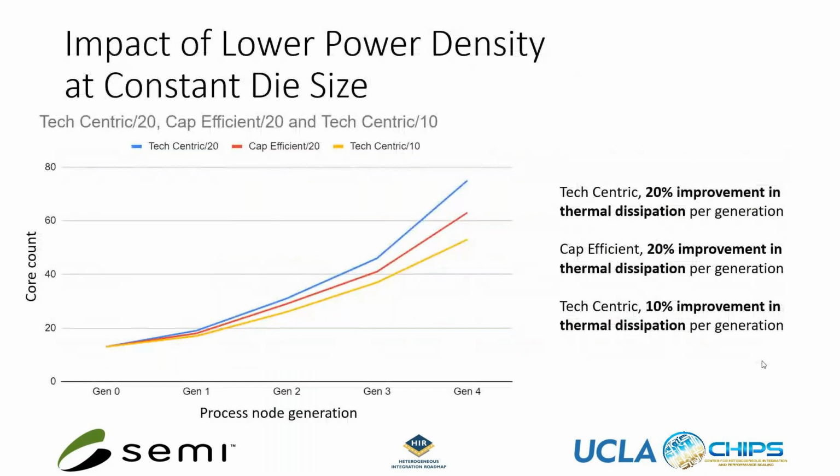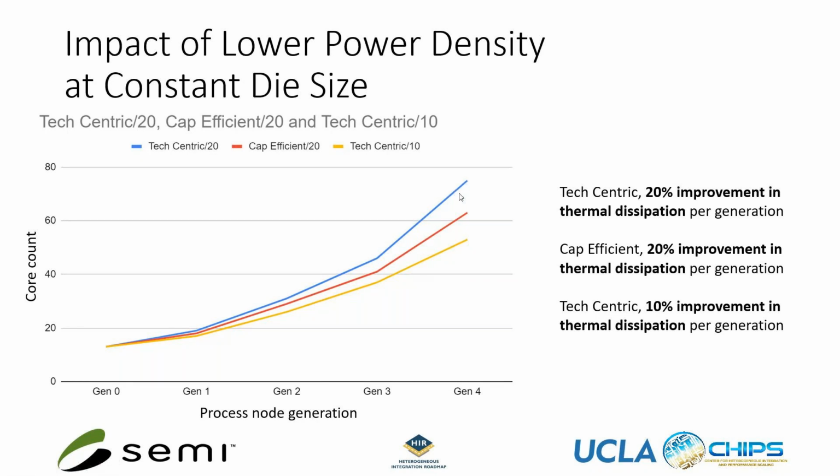So the real interesting thing is, if you can't improve power density, you get whacked much more badly than if you fix your IO line rate and bump density. If I'm going to go for maximum bond density, the blue line shows you the growth of cores per generation.